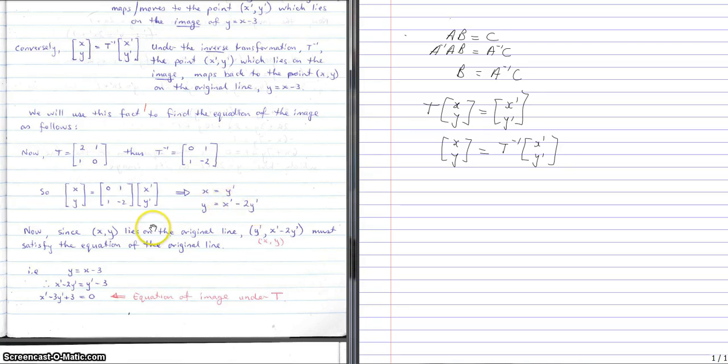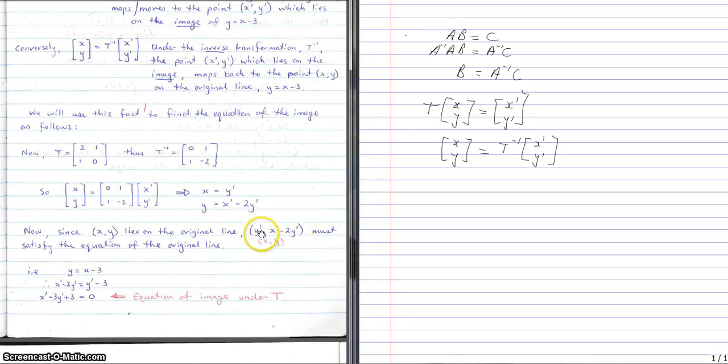Now, this is really important to grasp, so go back over this again and again if you need to. Since (x, y), our original point, lies on the original line, that means that y' and x' minus 2y', these points here, must satisfy the equation of the original line, because these points correspond to our original points.